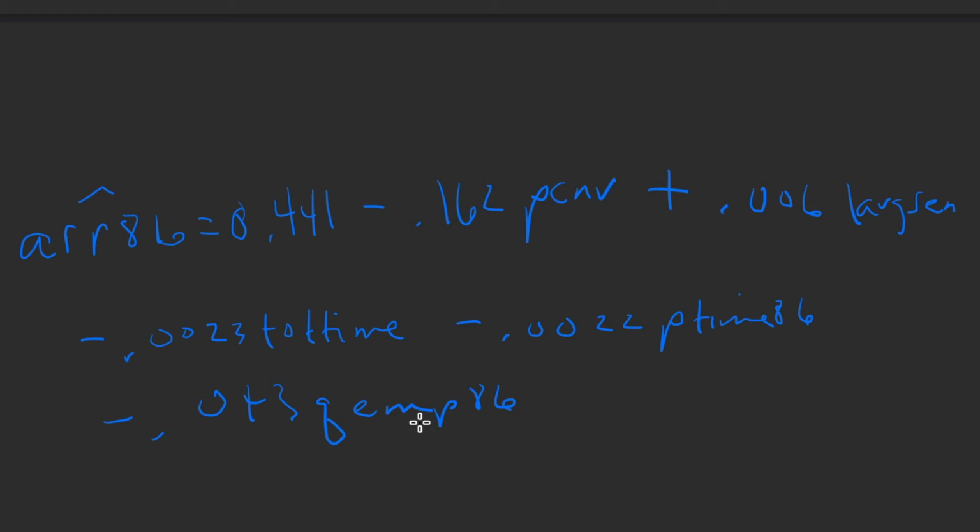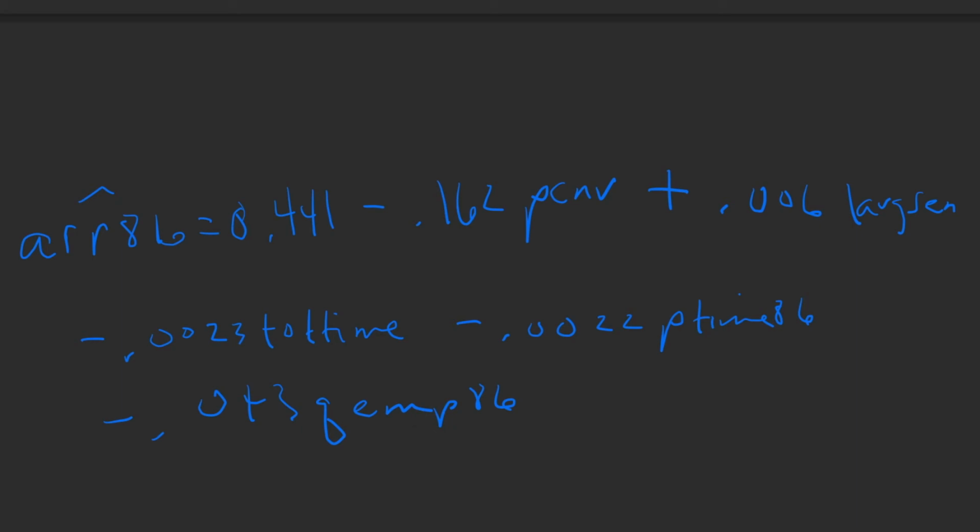Observe that positive coefficients mean that there's a higher probability of arrest prior to 1986. Negative coefficients mean that for higher values of those variables, there's a lower probability of arrest prior to 1986.